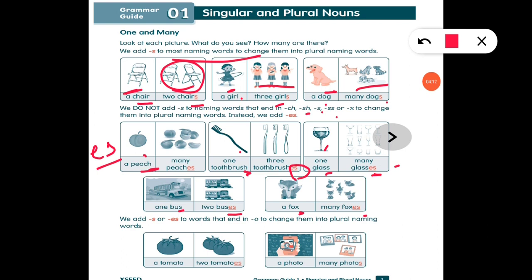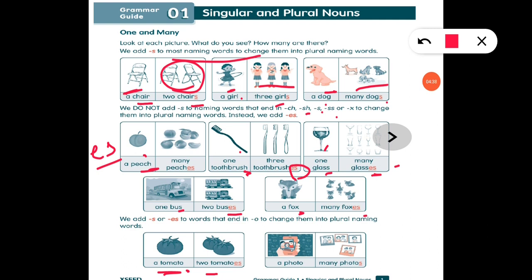We add s or es to words that end in o to change them into plural naming words. When there is an o at the end of the word, we add s or es. For example, here is a tomato, two tomatoes. Here the letter is o. We add es to make it plural. Here a photo, many photos.